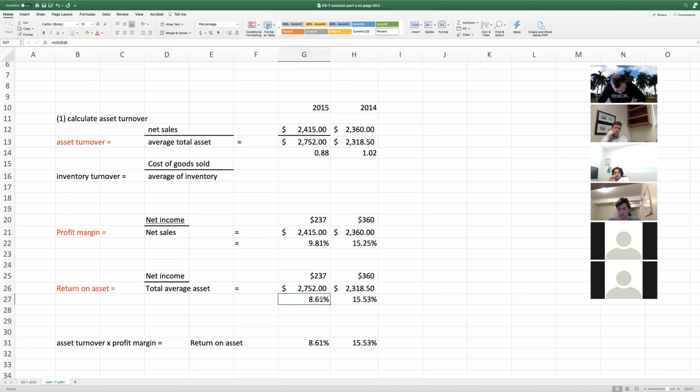The second one: comment on whether return on asset has changed from 15.53% to 6.1%. This change is mostly due to, okay, is this change primarily due to a change in the asset turnover or a change in the profit margin?